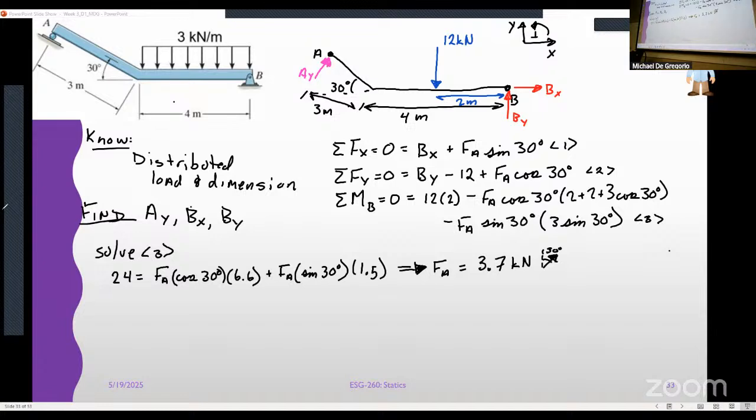We knew that was going to be correct pretty much off the bat. It would be very strange if by loading that close to point B, you would get some force not balancing in the positive y direction.